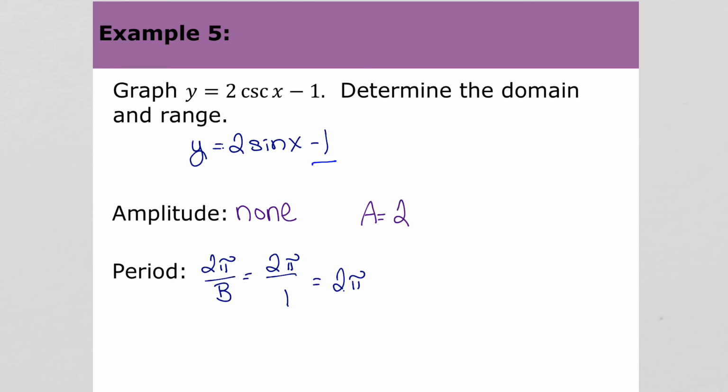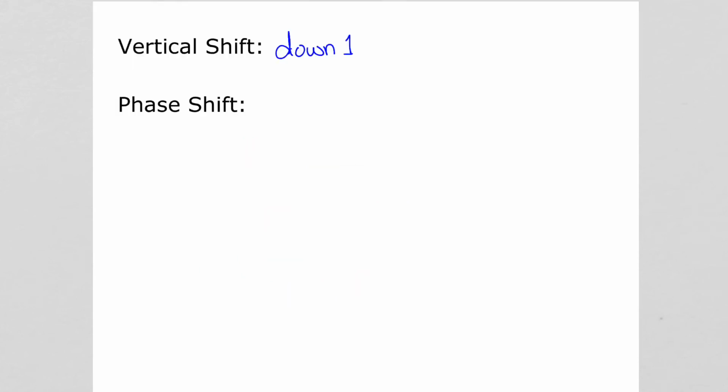Hang on. Okay, so the vertical shift, my pencil's not working. Okay, vertical shift, down 1. Phase shift would be C over B, but there's not a C, so we don't have a phase shift.